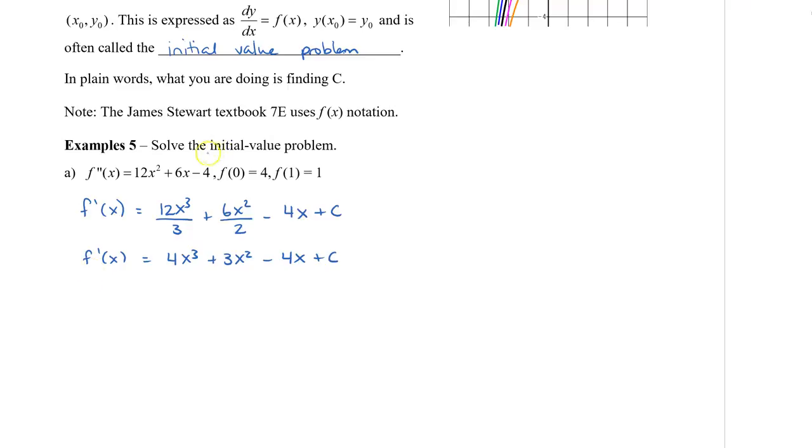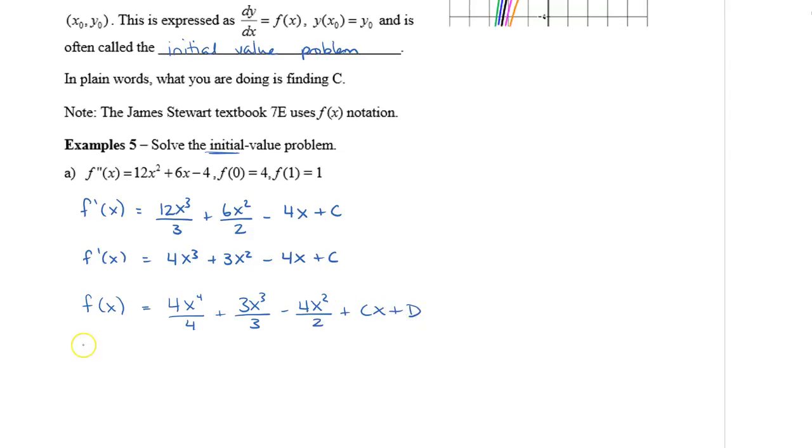Now remember, the initial means I want the original function. So I'm going to say f of x is equal to 4x to the 4 over 4 plus 3x cubed over 3 minus 4x squared over 2 plus cx and then plus d. Simplifying again, I get x to the 4 plus x cubed minus 2x squared plus cx plus d.